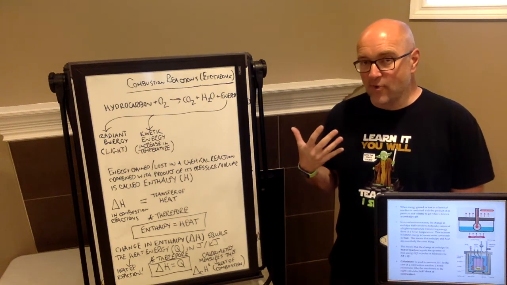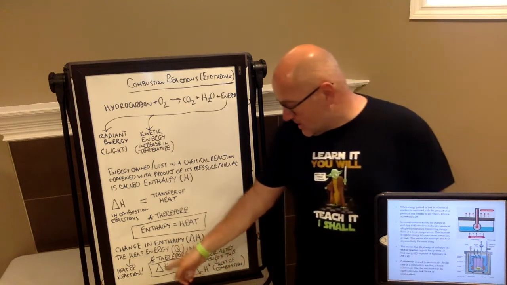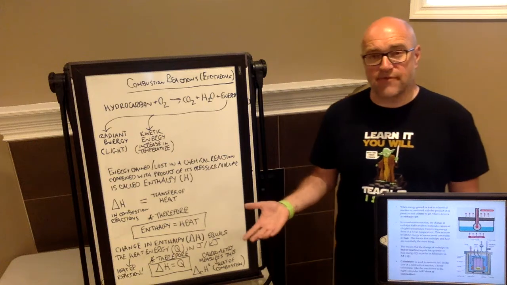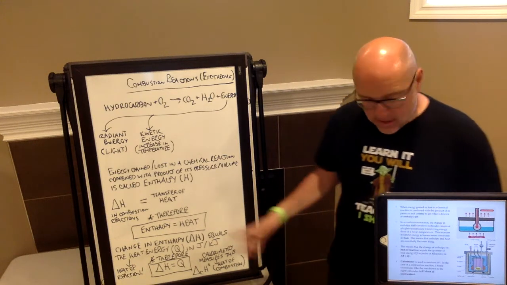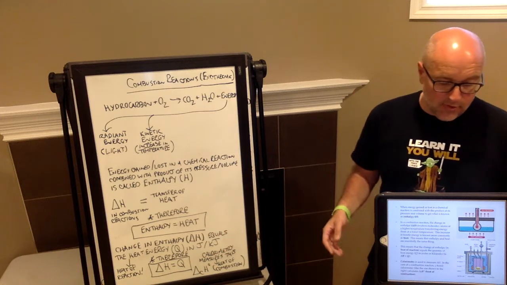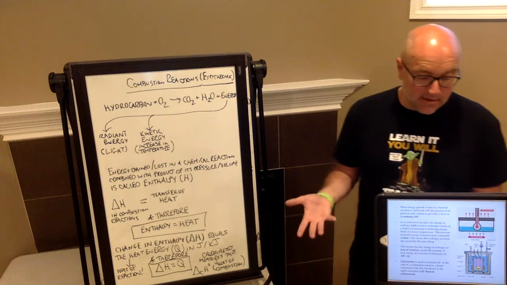So delta H is also equal to the value of Q for these reactions. And Q simply refers to the heat of the reaction. All right, that's what that is.